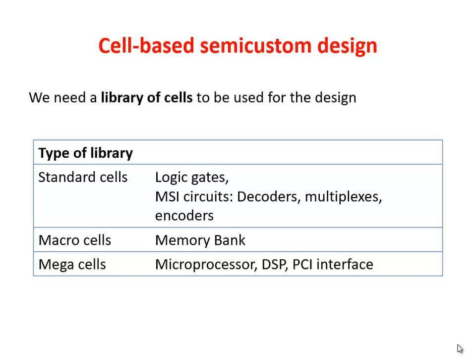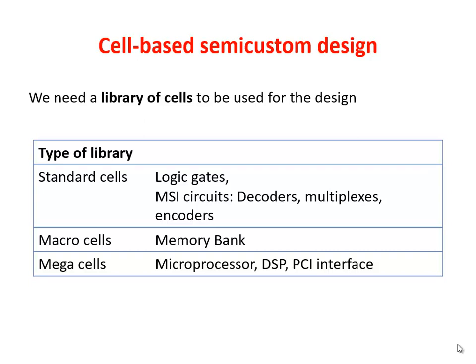In cell-based design, cell-based semi-custom design, of course, you remember the structure of the classification. Essentially, you need to have a library of cells that you want to deploy, to use in the circuit. And depending on the type, you can have different types of libraries. You can have standard cells, which means a library of simple cells.